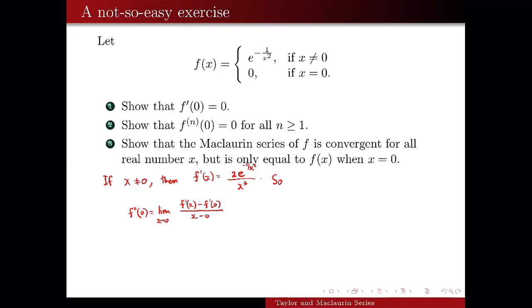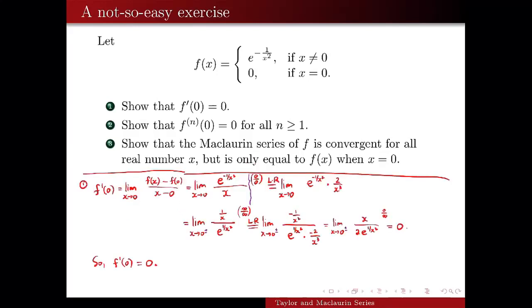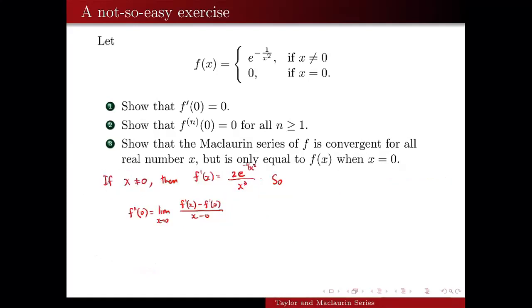We have shown f prime of 0 is 0, coming from here. So this guy here is just 0. And when x is not equal to 0, you have this f prime. So let's just write that. We have the limit as x approaches 0 of f prime of x, that's 2e raised to negative 1 over x squared over x cubed, all over x.